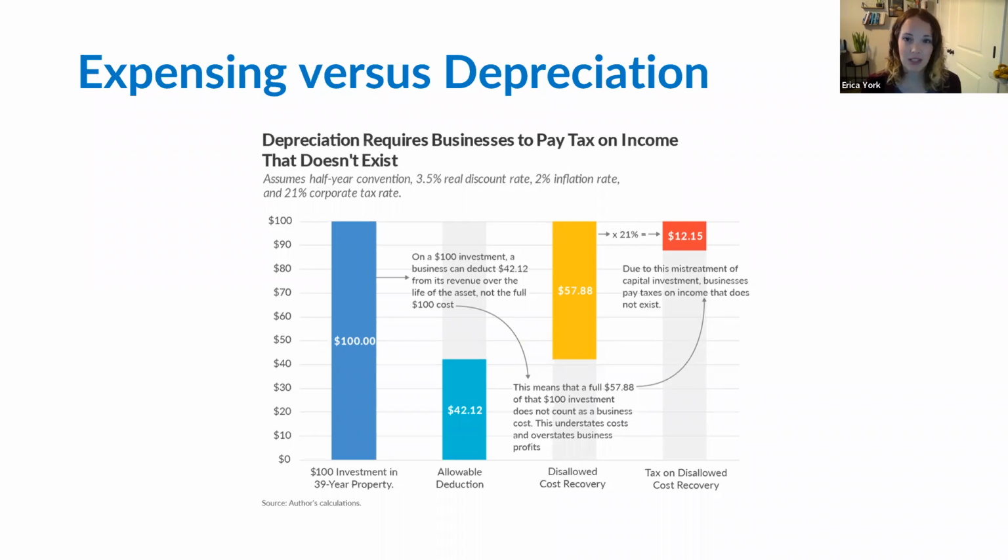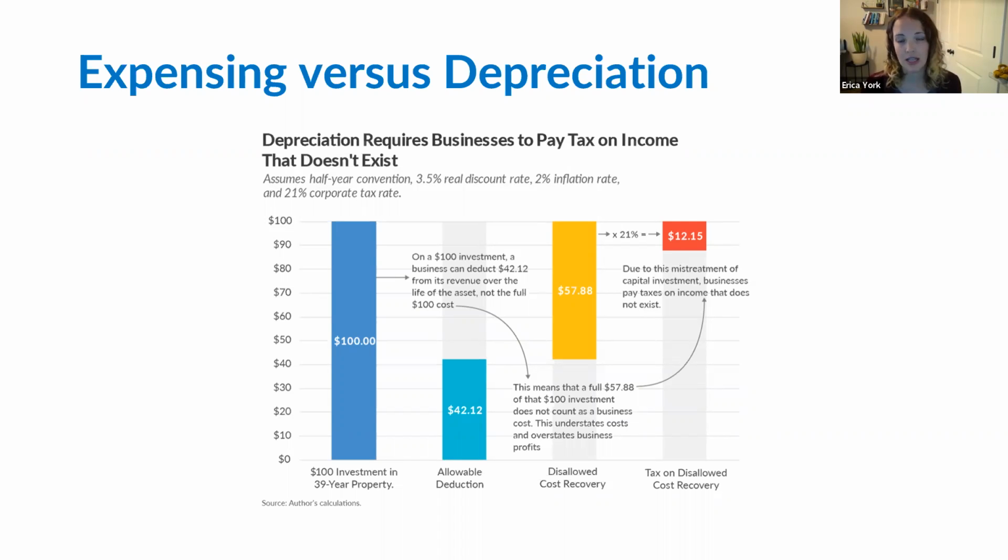That's because expensing will fully reflect the cost of the asset being acquired. And when expensing is allowed in the tax system, it results in minimal distortion on decisions to invest. So it's an economically optimal system.